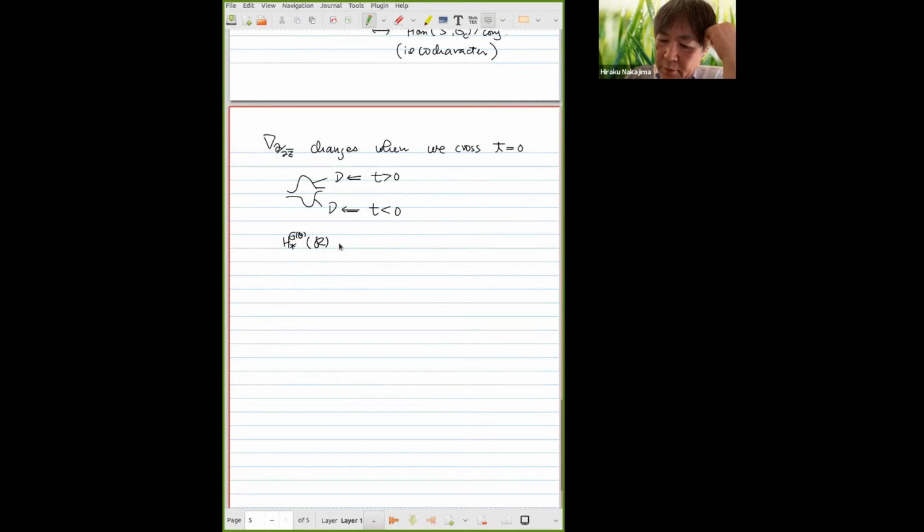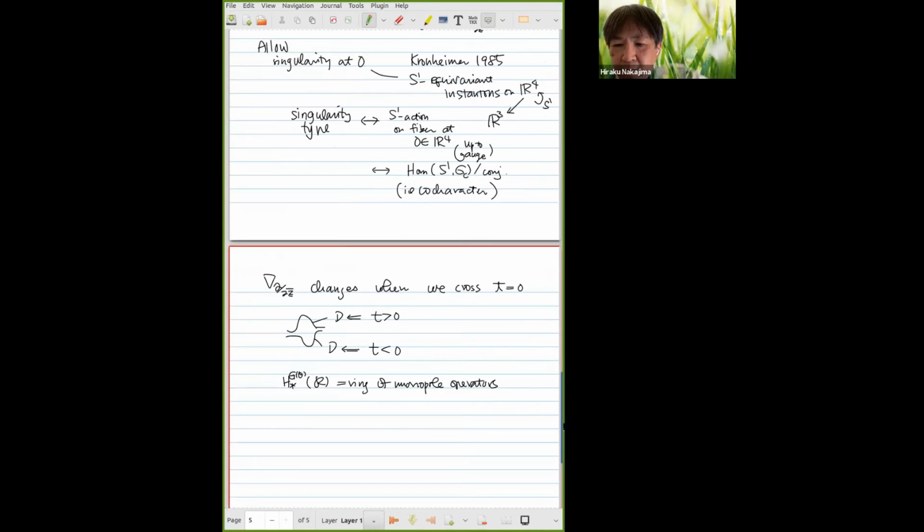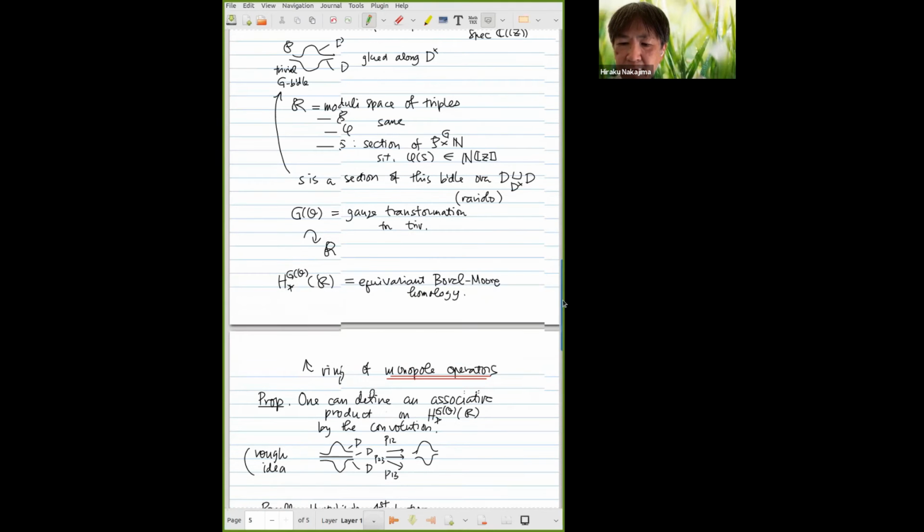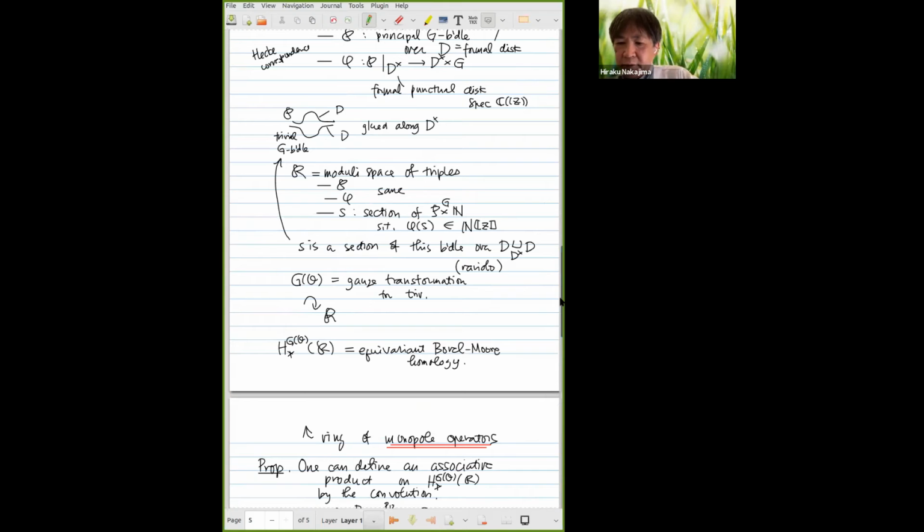R is a ring of monopole operators. Also, I think somebody asked during the witness lecture how the adjoint Higgs fields are regarded on the Hecke correspondence, and this is my answer.